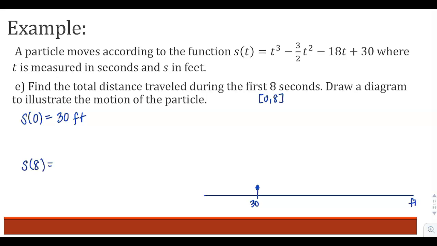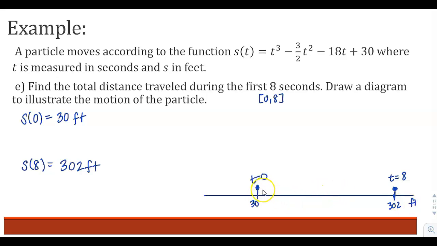If I substitute in 8 to this particular function, and I'm going to spare us all the arithmetic here, that would give us 302 feet. So way over here, I'm going to label 302. This is where the particle ends up at time 8. This is where the particle starts at time 0.